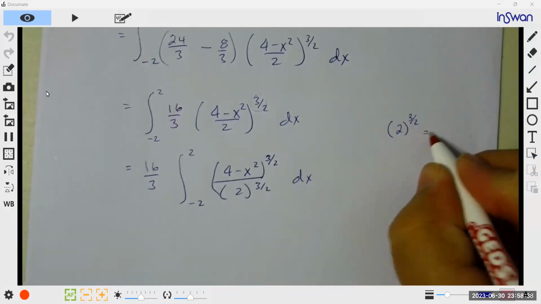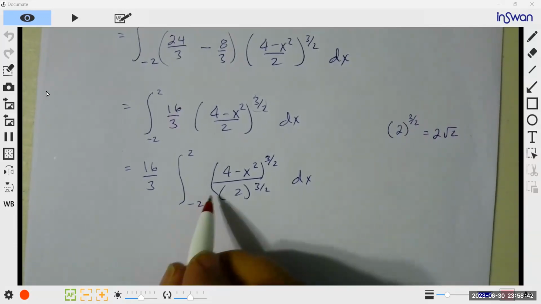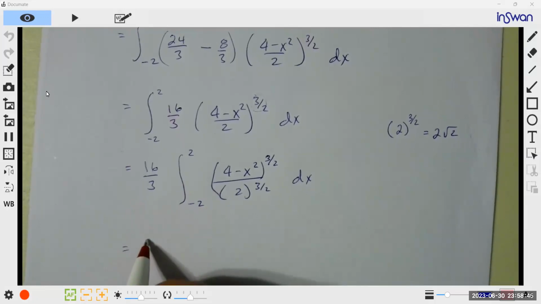Two to the 3/2 is 2 radical 2, so that can bring out in front.